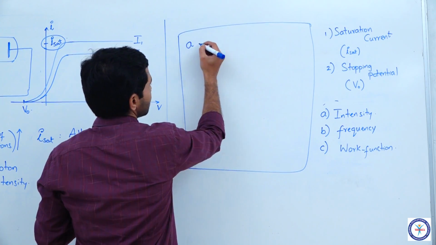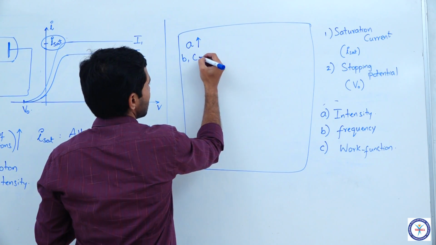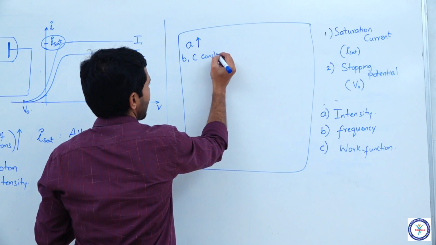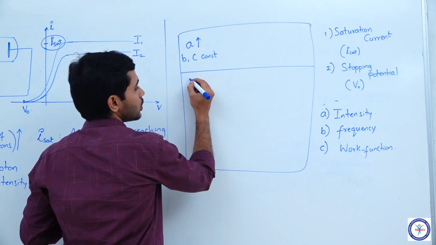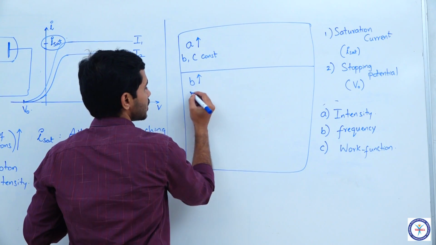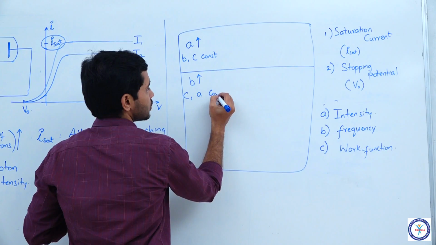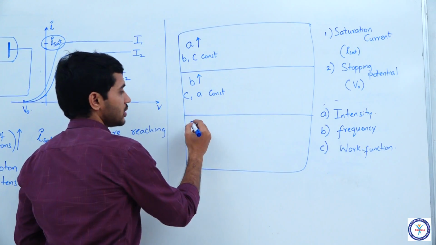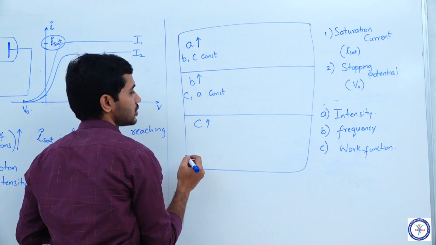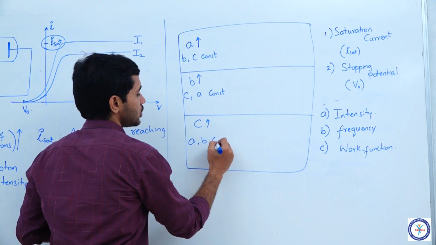In case 1, A is increased, keeping B and C constant, and in case 2, B is increased, keeping C and A constant, and in case 3, C is increased, keeping A and B constant.